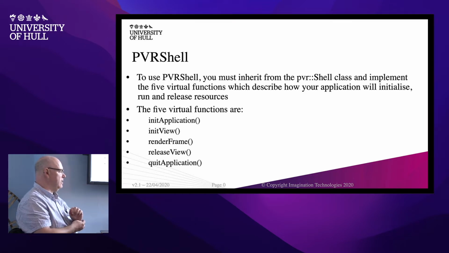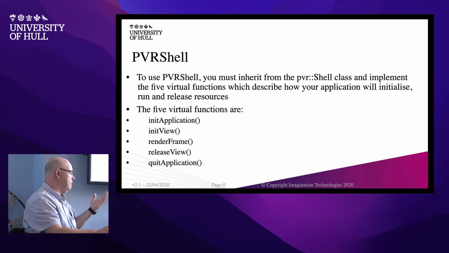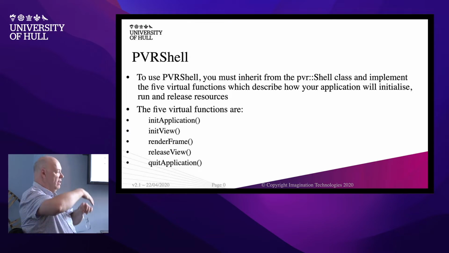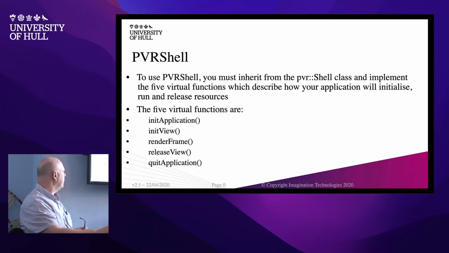So the PVR shell has 5 main virtual functions that you can override and utilize. I'll look at each of these now, but basically the framework will tell you when the application has started.